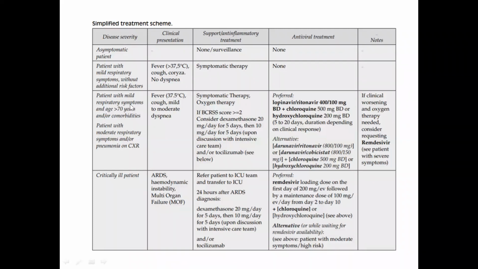But then when the patients are above 70 or they have moderate symptoms, then consideration of treatment with antiviral drugs is important. Remember, when we look at the course of the disease, it's going to be important that this treatment must be then started in good time. So a high index of suspicion and making a good diagnosis early is quite important.